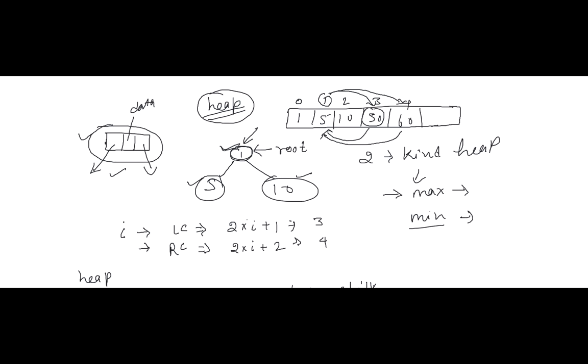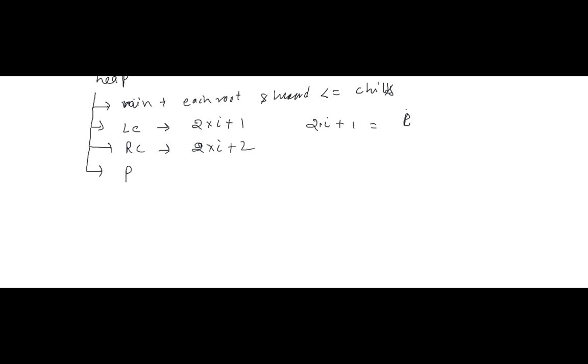So we can simply say that 3 by 2 and 4 by 2 minus 1. So from this parent we can jump to the left or right child, and if we have a child then we can also jump to the parent. So we can also find the parent, and all the nodes should satisfy this condition.